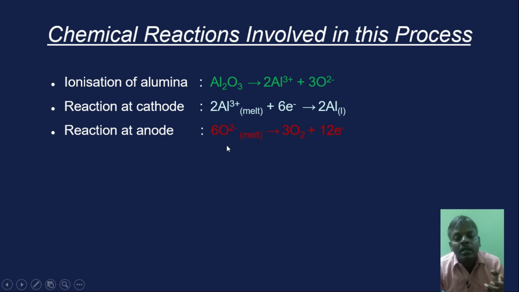What is meant by oxidation? Oxidation means loss of electrons. Here 6O2- in the molten solution loses 12 electrons and becomes 3O2 gas. At the cathode, 2Al3+ gains 6 electrons and becomes 2Al, which is a reduction.